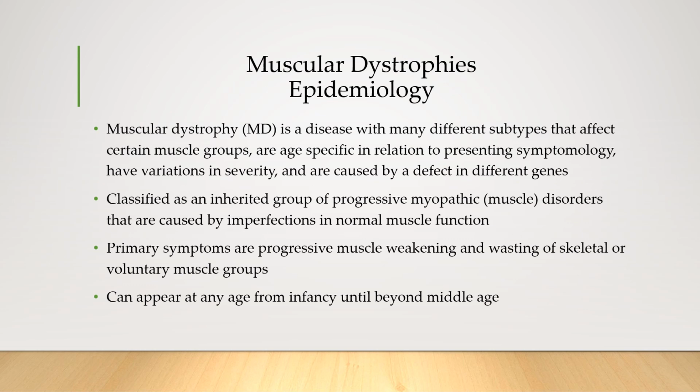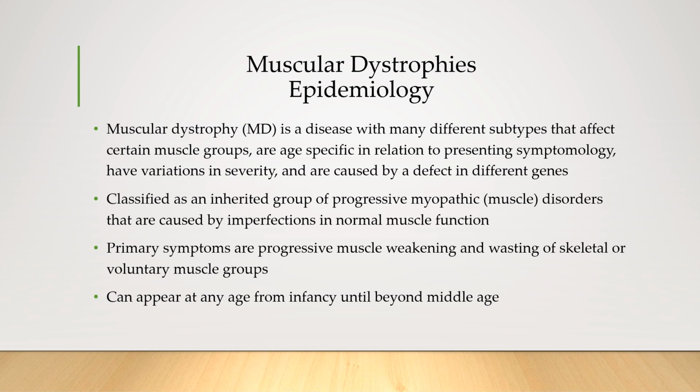Muscular dystrophies, the epidemiology. Muscular dystrophy, otherwise known as MD, is a disease with many different subtypes that will affect certain muscle groups, are age specific in relation to presenting symptomology, have variations in severity, and are caused by a defect in different genes.